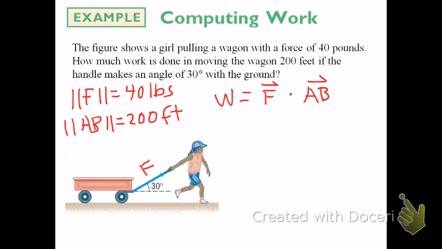Well, remember our x component is just the magnitude of the vector times the cosine of the angle, and the vertical component is the magnitude of the vector times the sine of the angle.